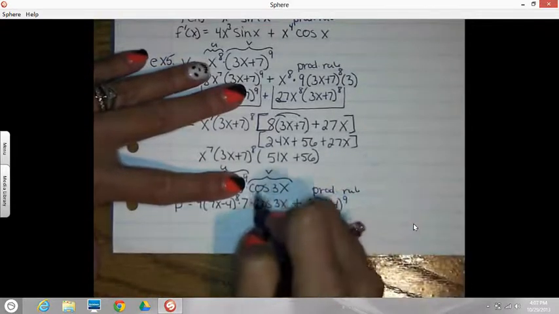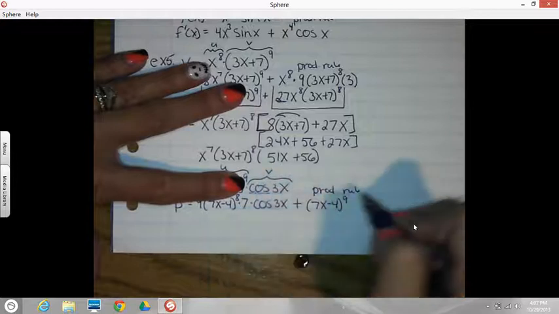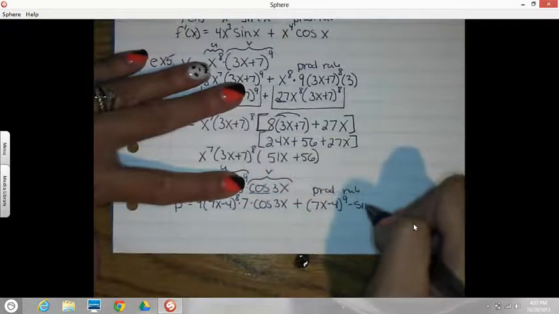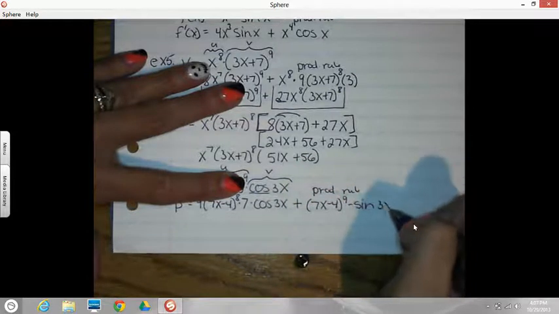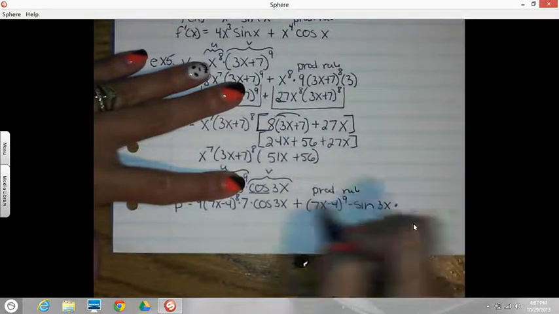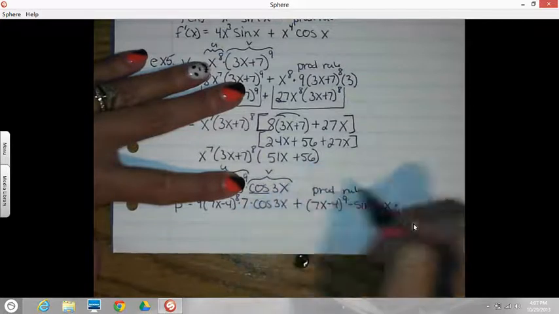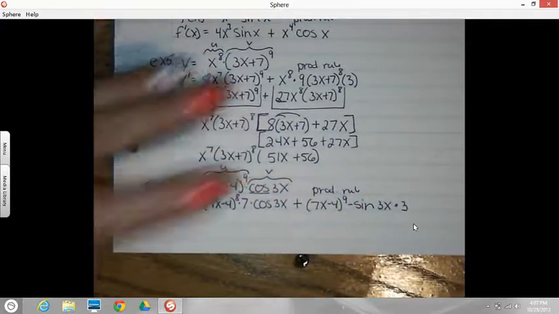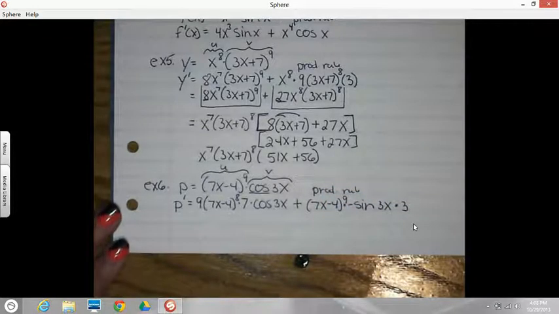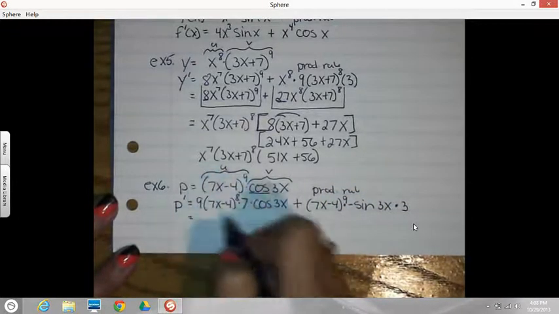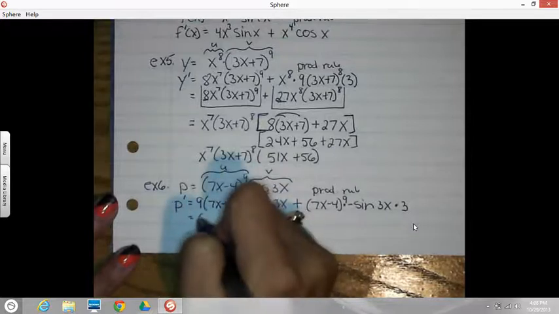So we've got derivative of cosine is negative sine of this exact same angle. Multiply by derivative of the angle, the 3. Okay, simplifying. The only thing here, we got the 9 and the 7 for a 63.